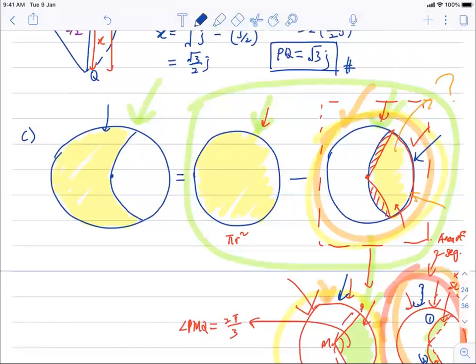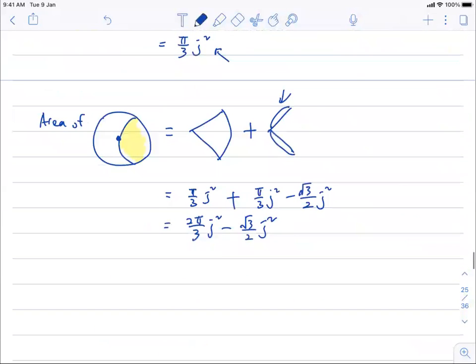All we need to do now is take the full area minus off this one. Then we'll get back our answer for the area of the shaded region, which looks like this.